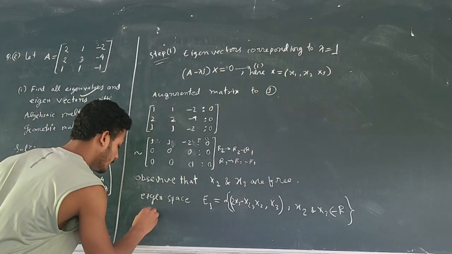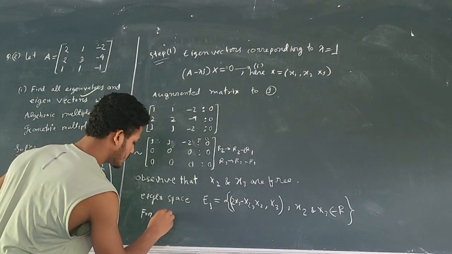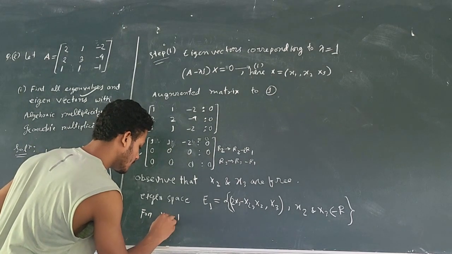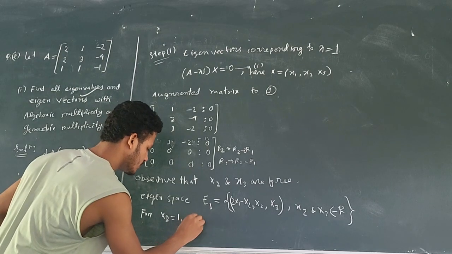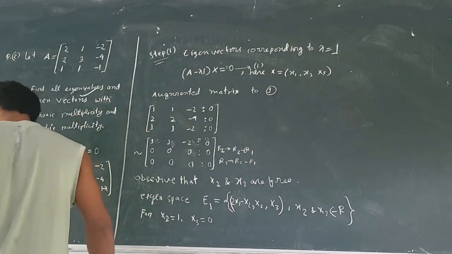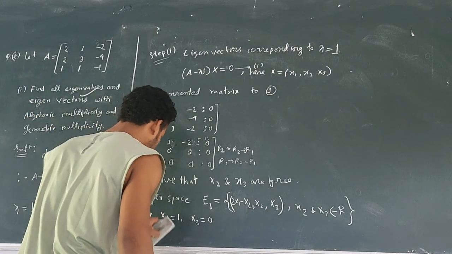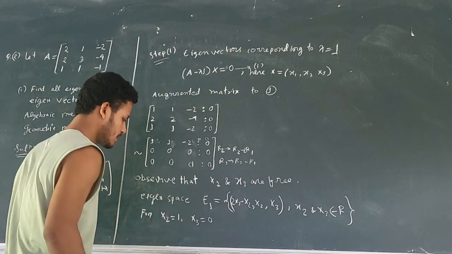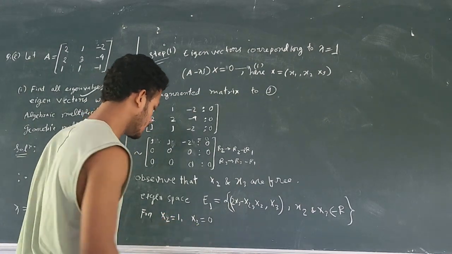Since these two are free, you can choose any values for them. I am choosing x2 is equal to 1 and x3 is equal to 0.